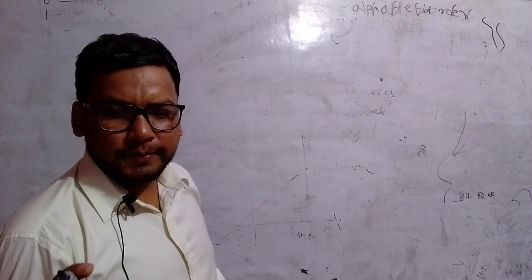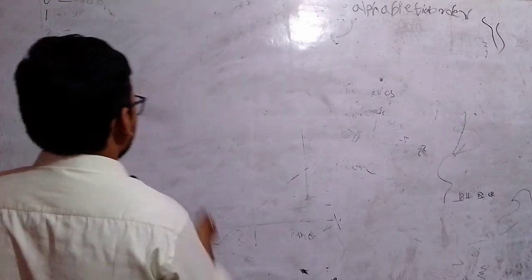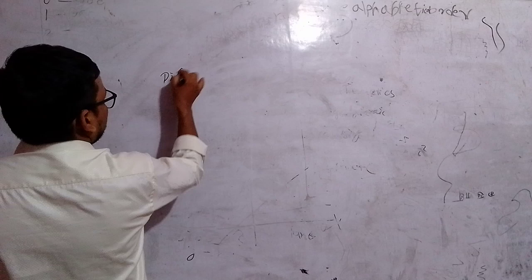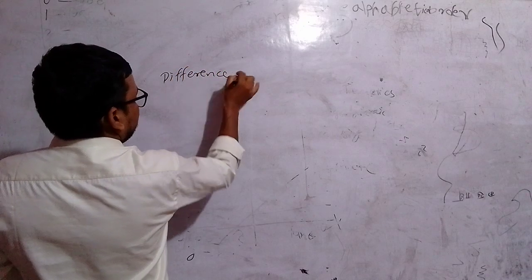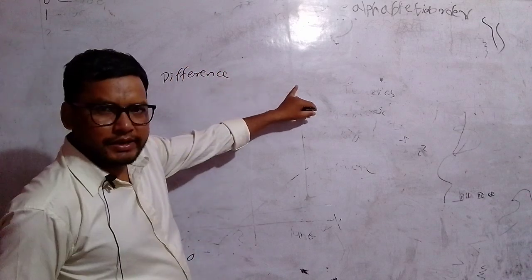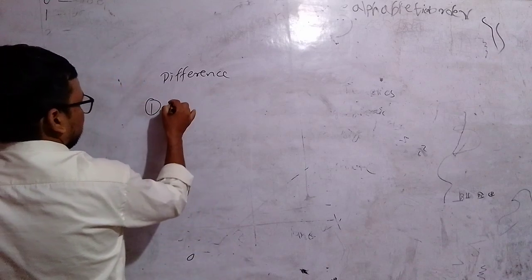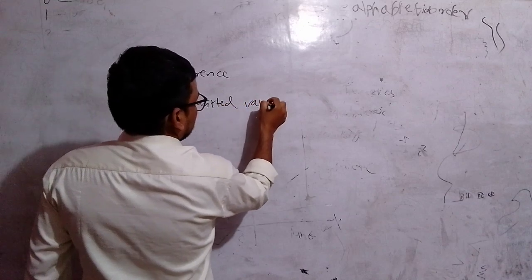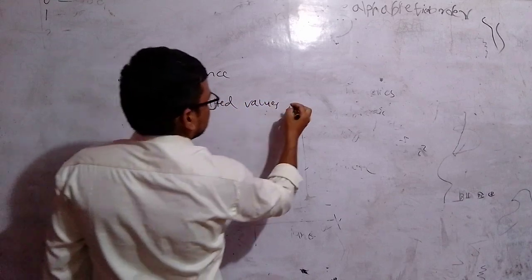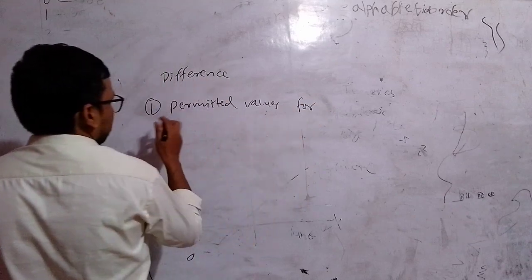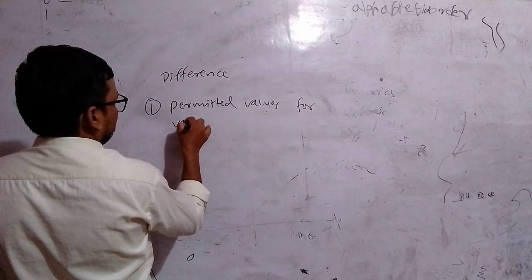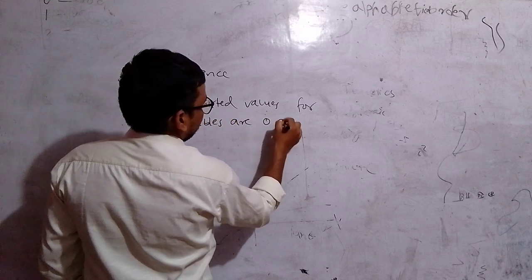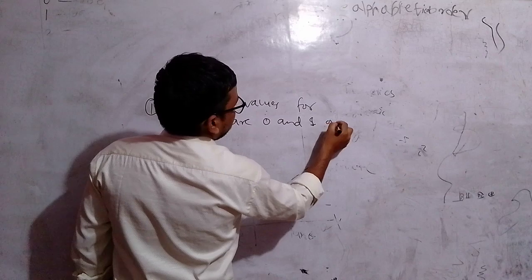Boolean algebra is similar to algebra, but the difference from ordinary algebra is: one, the permitted values are 0 and 1 only.